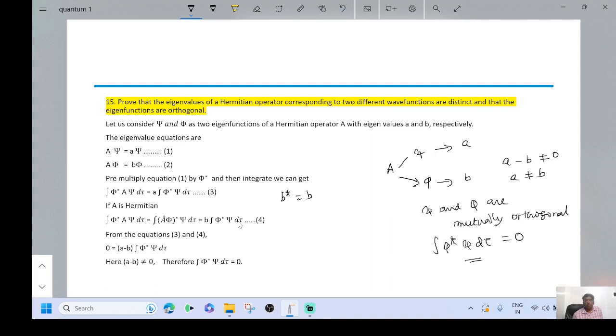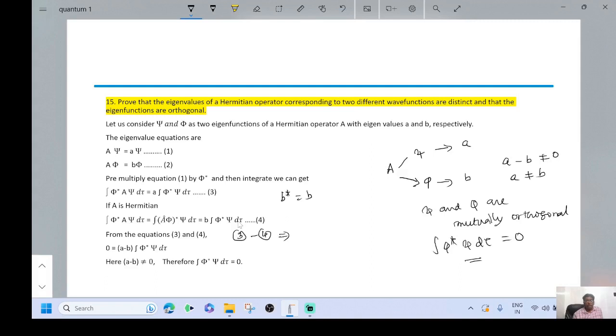Now find out the value of equation 3 minus 4. The left hand side in equation 3 is ∫φ*Aψ dτ, and in equation 4 also the left hand side is ∫φ*Aψ dτ. So the result is 0. If you subtract b∫φ*ψ dτ from this, you get (a minus b)∫φ*ψ dτ.